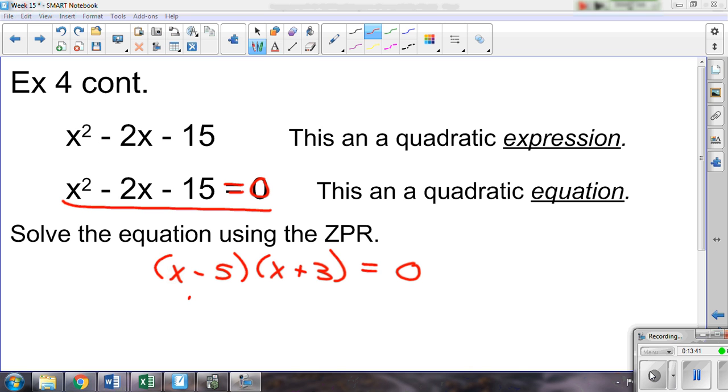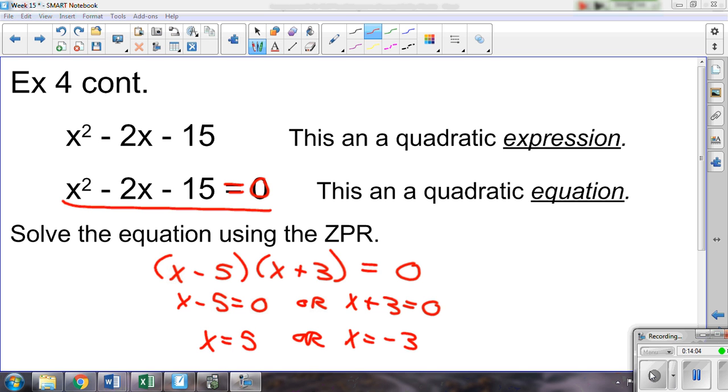Based on the zero product rule, we know x minus 5 would have to equal 0, or x plus 3 has to equal 0. And for most of the students in the room, you don't even write that step out most of the time. Generally speaking, students just skip to the end and say, x is going to equal 5, or x is going to equal negative 3. And thus we have our solutions.